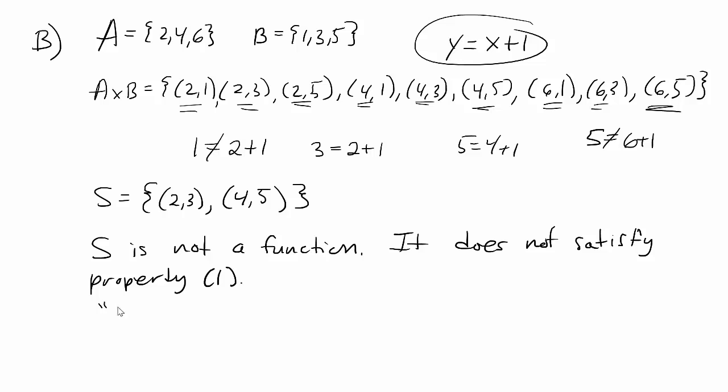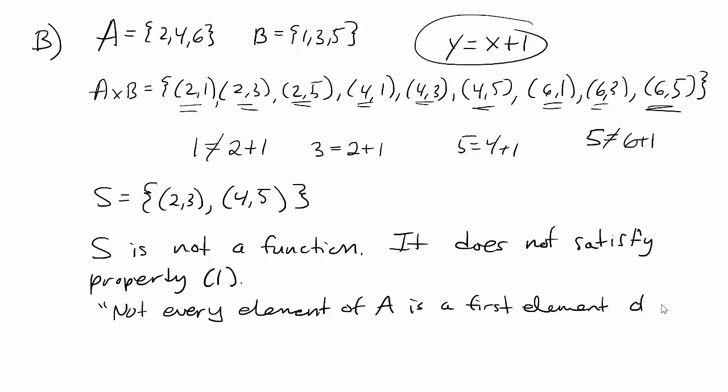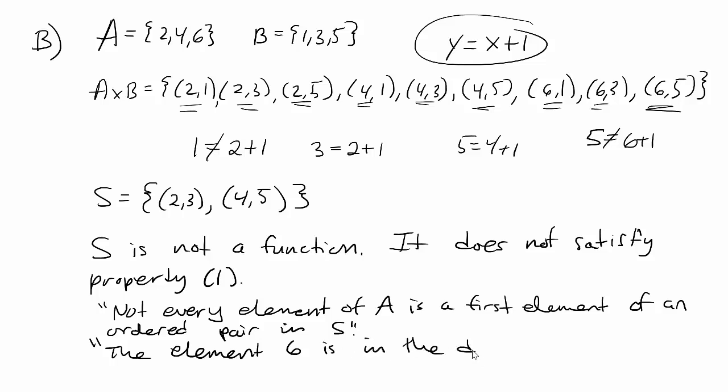So one way we can explain it is to say that not every element of that first set, set A, is a first element of an ordered pair in S. You could also describe it by saying that the element 6 is in the domain, it's in set A, but is not related to any element.